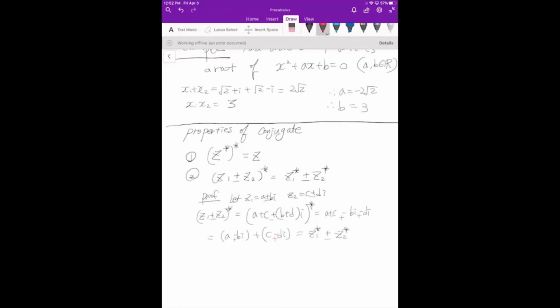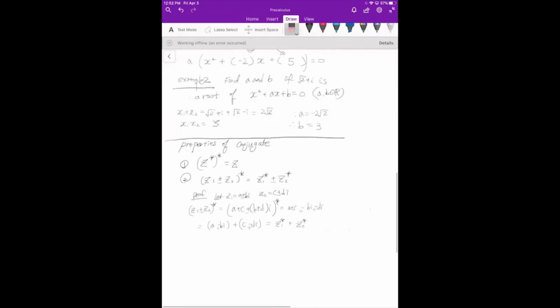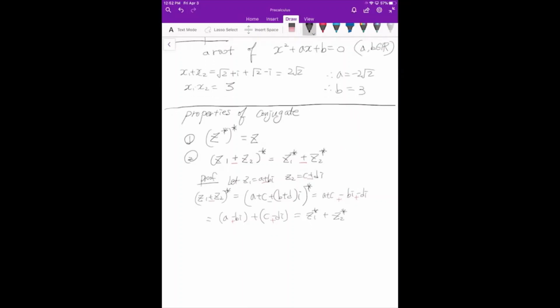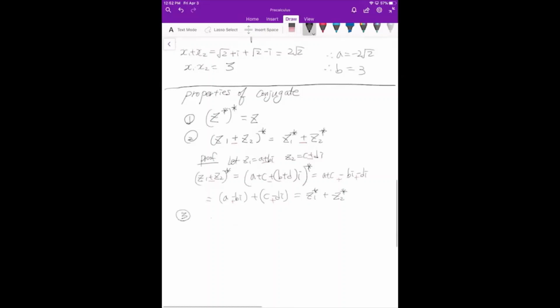It doesn't change right there. So you can use it for both plus and minus. What we're saying is, if you add or subtract and then conjugate, it's the same as separately conjugating and then adding or subtracting. Understood? Are you good? Yes. Okay. Please let me know if you have any questions or anything is confusing.